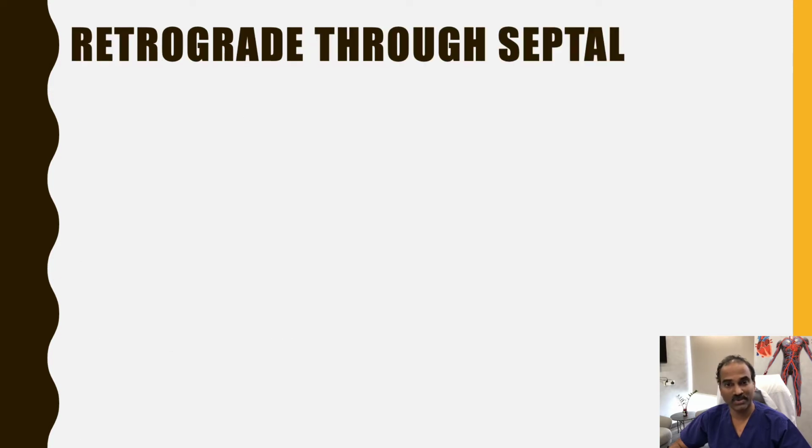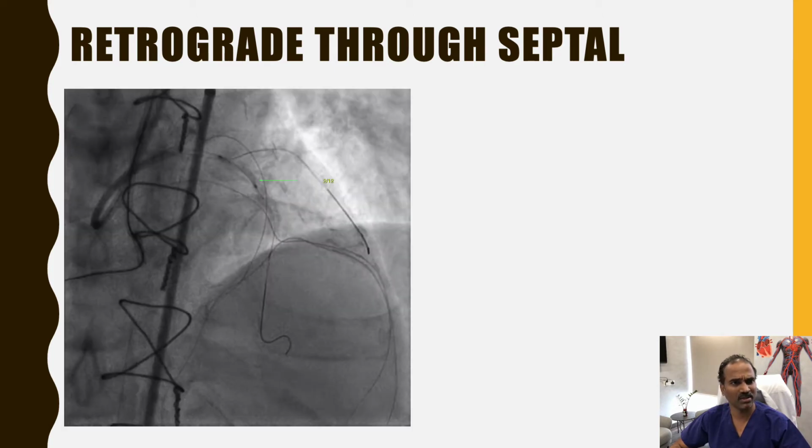Obviously the first choice in this patient for me is the septal collaterals, as SVG to RCA is chronically occluded and only the stump is visible.